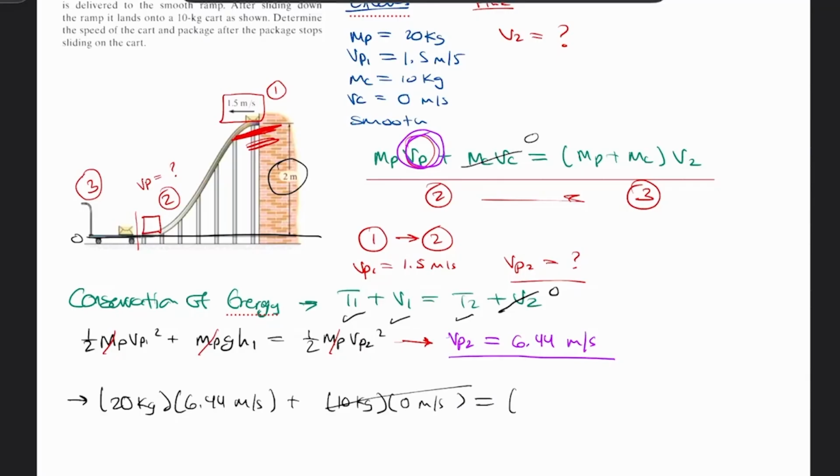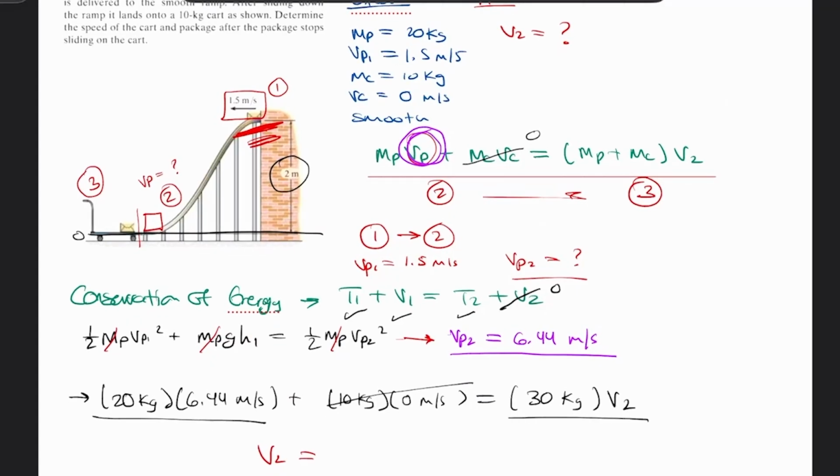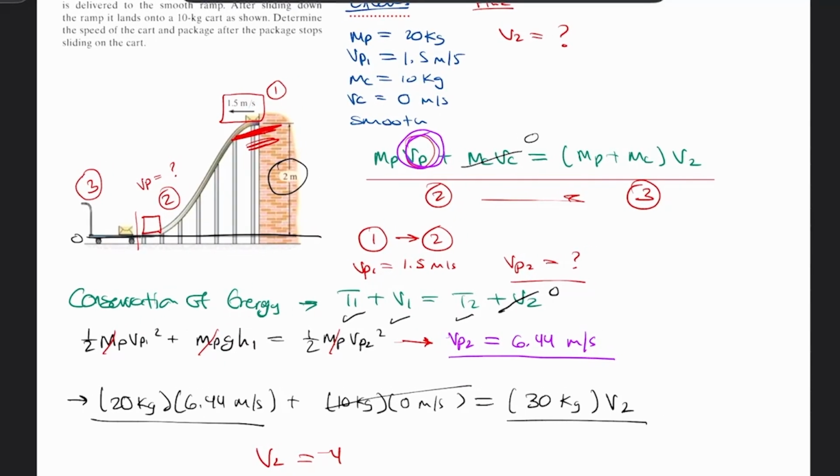And this is equal to 20 kilograms plus 10, that's 30 kilograms together, times V2. Rearrange for V2, and we're going to get V2 equal to 4.29 meters per second. That will be the velocity of the package and the cart moving together.